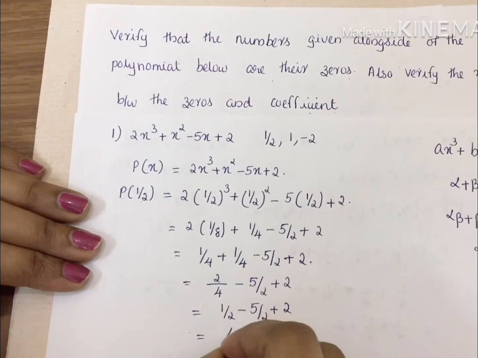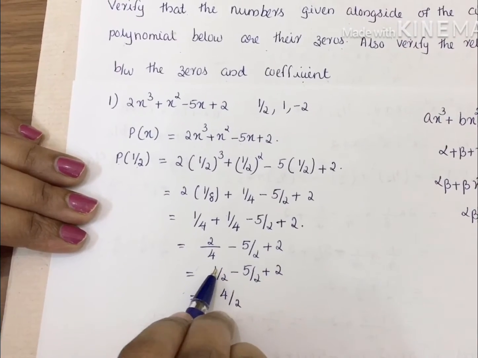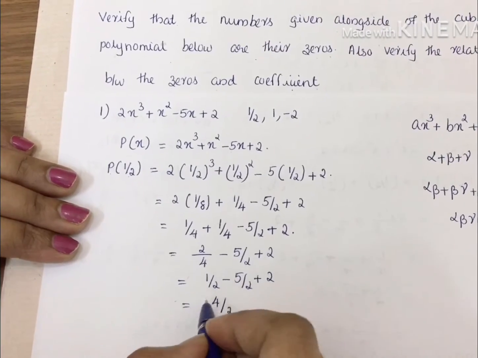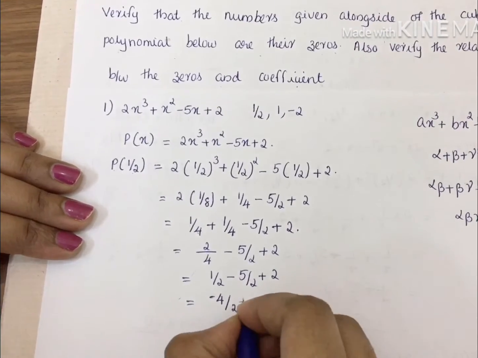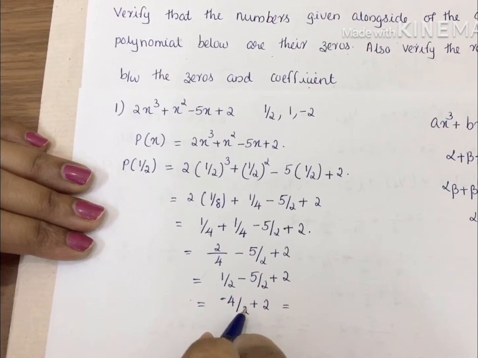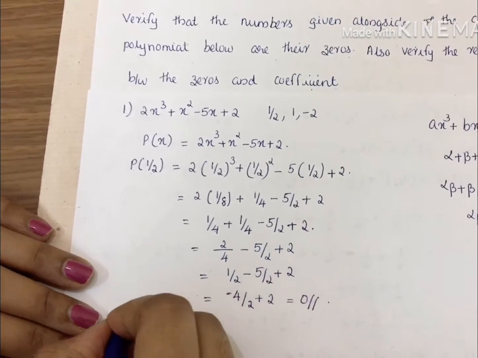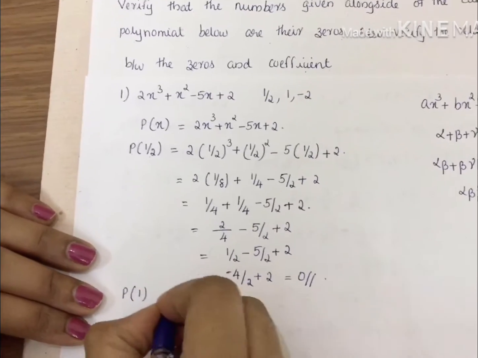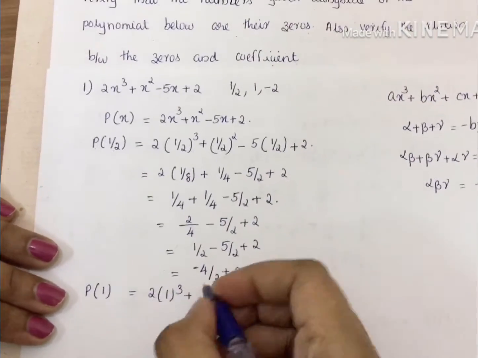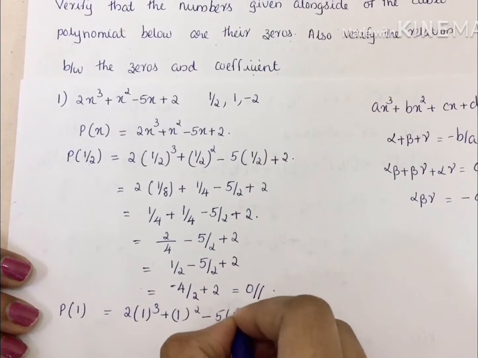The denominator is 2, so 1 minus 5 is minus 4 by 2, plus 2. Minus 4 by 2 is minus 2, and minus 2 plus 2 is 0.